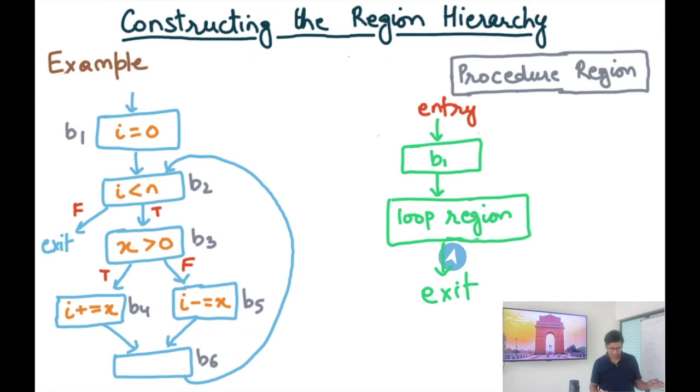And then the loop region's outgoing edge is going to go to the exit node, just like in the original CFG, control flow graph. So this represents the top level graph as the DFA analysis would see it. For the procedure, it's just a graph made up of two nodes, of which one node is, at this level, I don't even know what these nodes are.